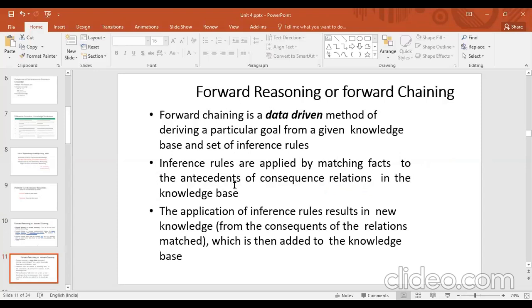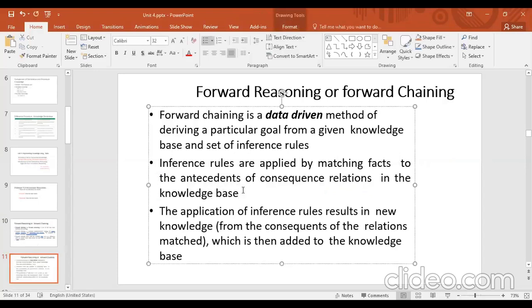Now what is an inference rule? Inference rules are data that help solve your problem in forward chaining. The application of inference rules results in new knowledge, which is then added to the knowledge base. It means you have solved the traveling salesman problem more than one time, so you have gained some expertise in this problem.